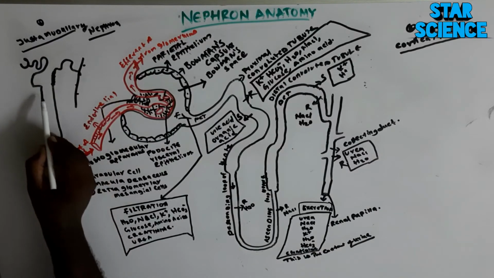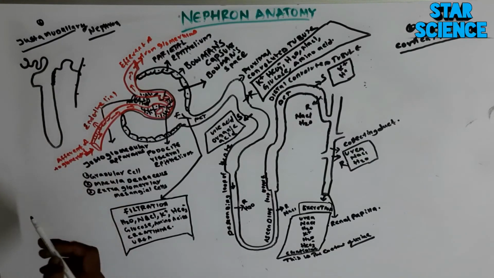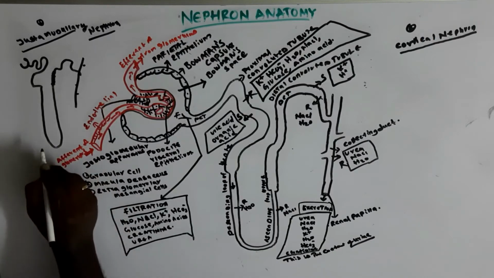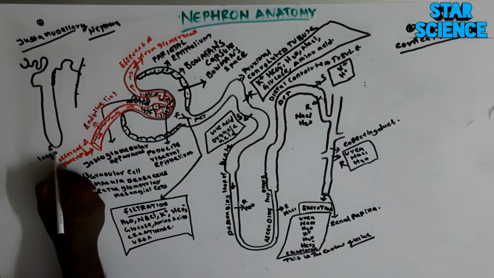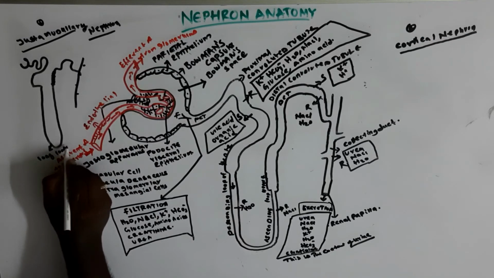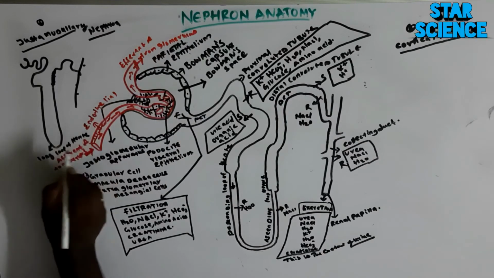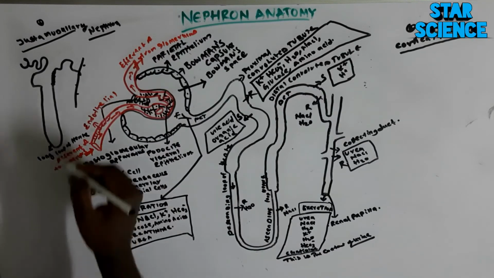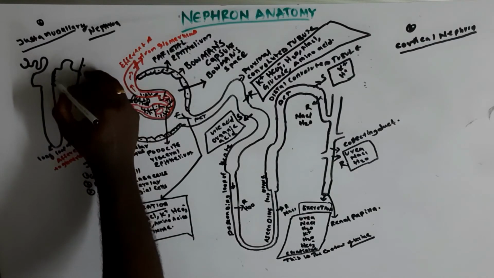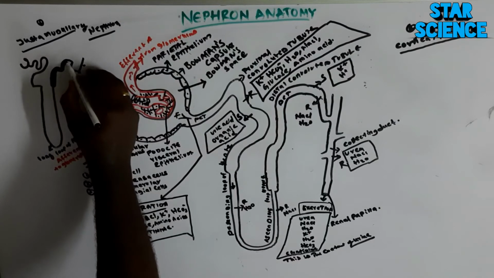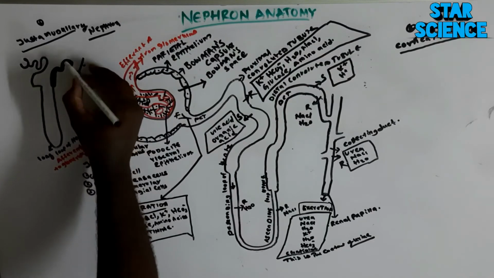So in Bowman's capsule, again glomerular filtration, again I'm going with red, that is afferent and efferent. So everything is similar, but where I'm writing right now, that is the loop of Henle, it's very long. So the juxtamedullary nephron has a loop of Henle that is much longer than the cortical nephron.